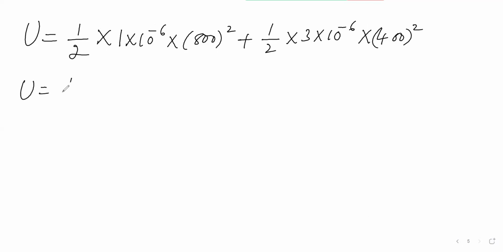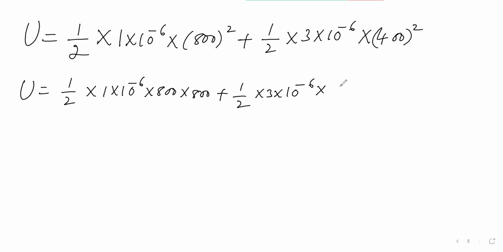That is 1 by 2 into 1 into 10 to the power minus 6 into 800 into 800, plus 1 by 2 into 3 into 10 to the power minus 6 into 400 into 400.